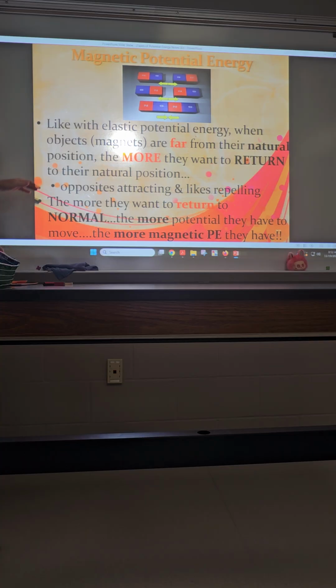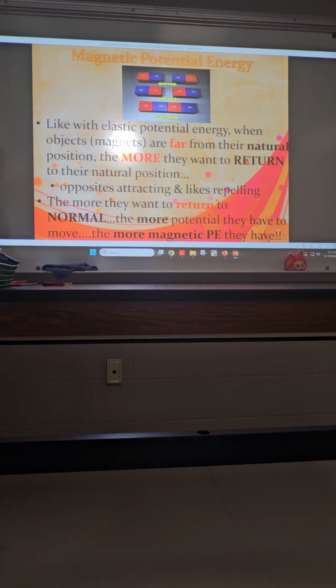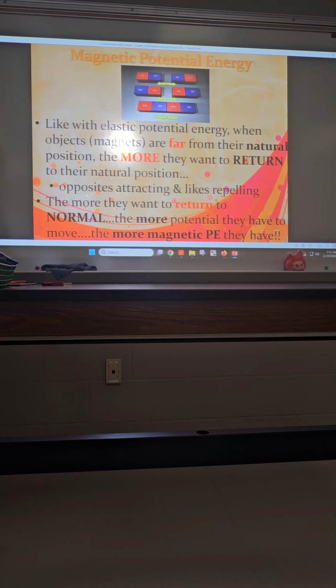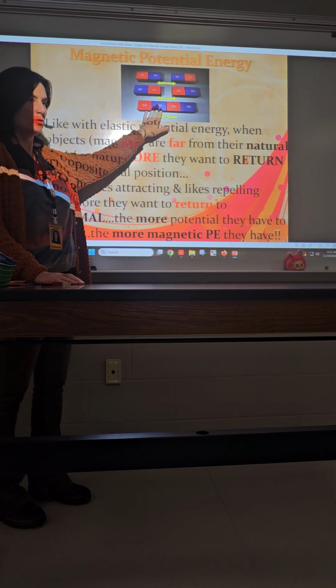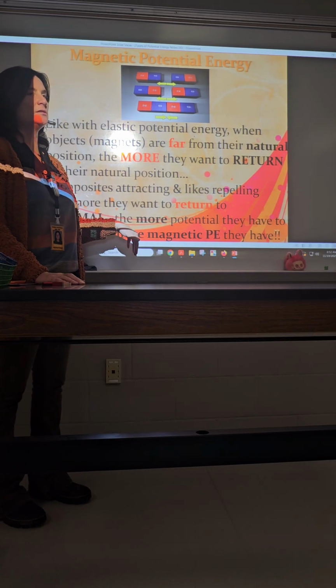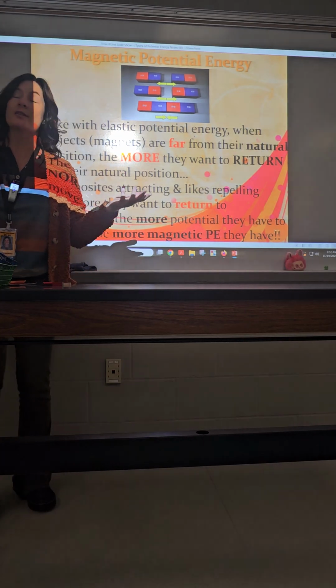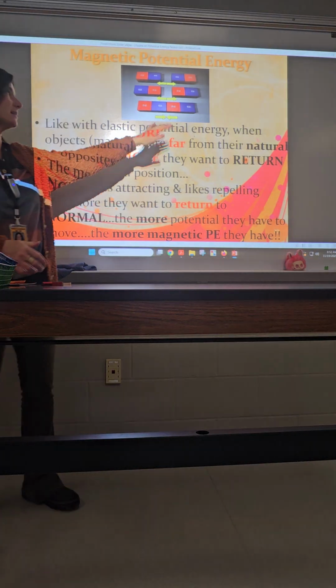And so this is opposites attracting and likes repelling. And so the more they want to return to normal, the more potential they have to move. And that means the more magnetic potential they have. So if you would move them away from their normal, that's when they do have high potential to get back to this.